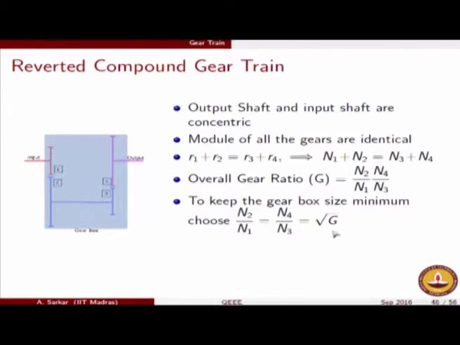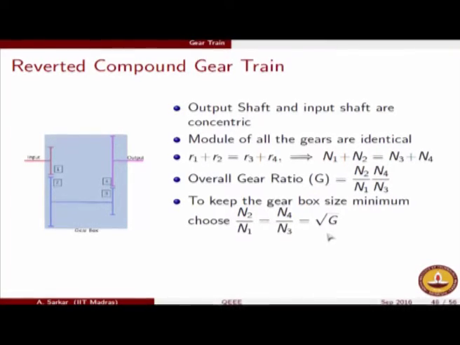It is an easy exercise to prove this from first principles, but I think the better idea is you can just iterate with different gear ratios and see that if you want the condition of minimum size, then you choose the gear ratios to be equal between 2 and 1 and between 4 and 3, and you in fact end up with this condition, that is square root of G. I am not giving you the proof of this condition, but you can do that as an exercise.